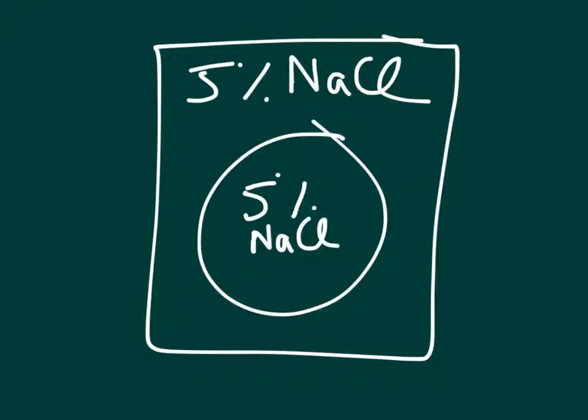Equilateral, so equal. How about a particular kind of triangle? Isosceles? No, isosceles is two of them. One. So isosceles is two equal sides? Yeah. So if I have two equal sides here, it's isotonic. The same. Two equal sides.